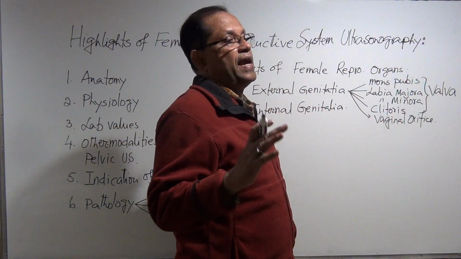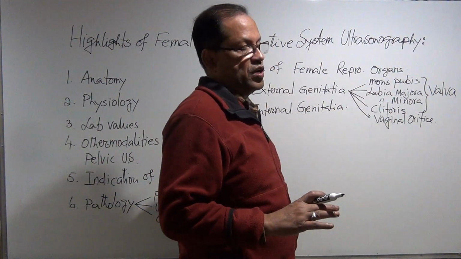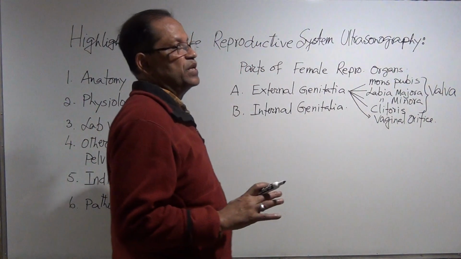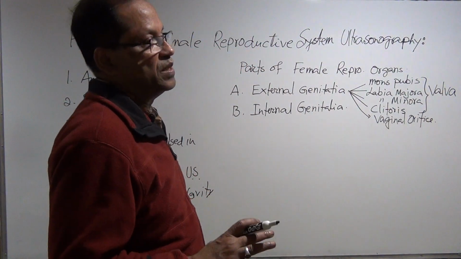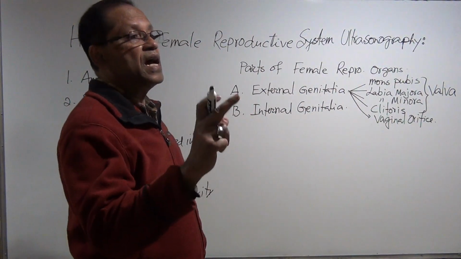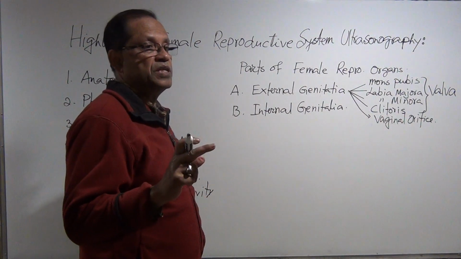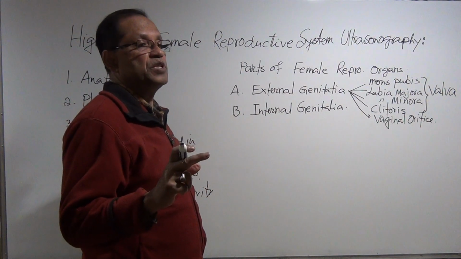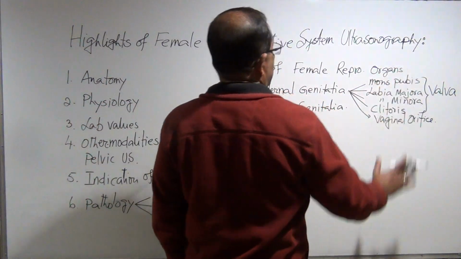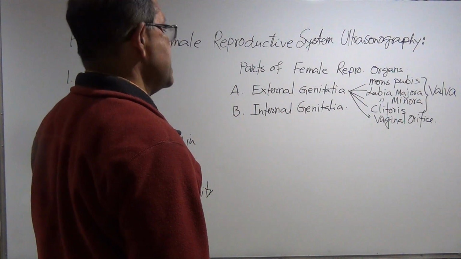Sometimes we do translabial ultrasonography to see the lower segment of the female reproductive system, when transvaginal or internal ultrasound examination is contraindicated. We can place the transducer on that area.